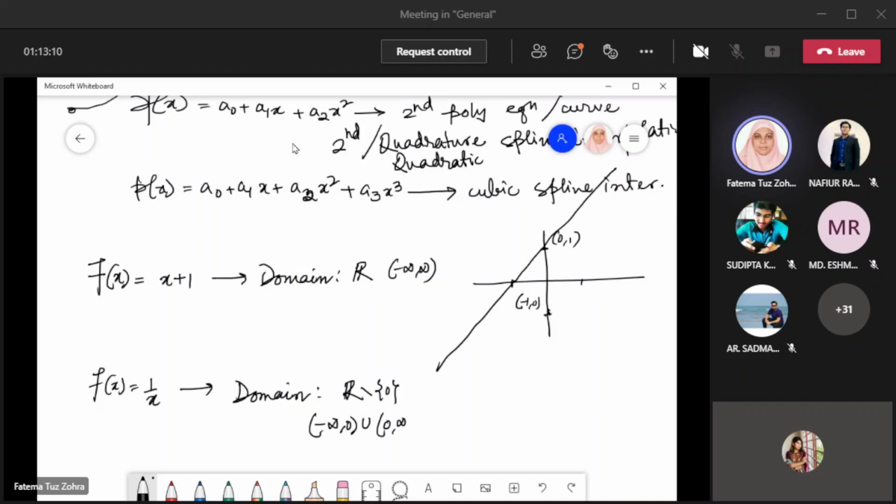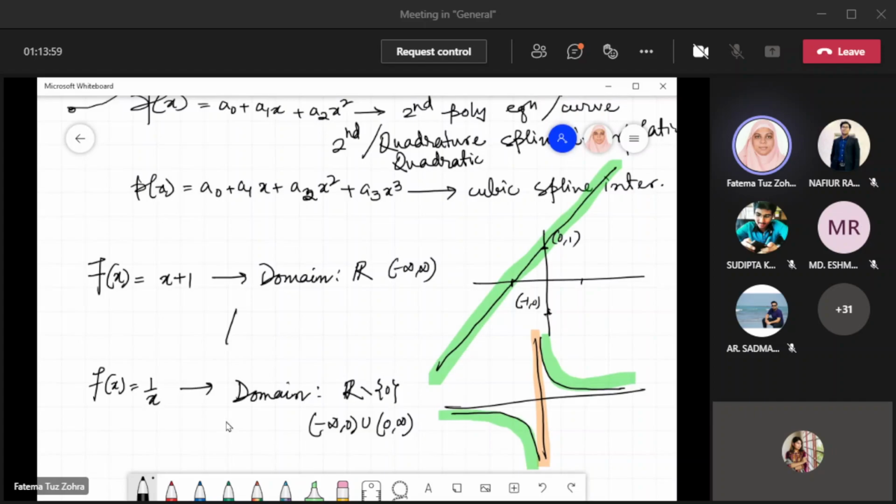This space is empty, isn't it? But in the graph of x plus 1, is there any break or hole? The whole thing is a one-piece function. But this one has two pieces of function because the function has a breaking point inside. Yes, ma'am. So the first condition of interpolation says that whatever function or spline you are taking must be valid in the whole domain.